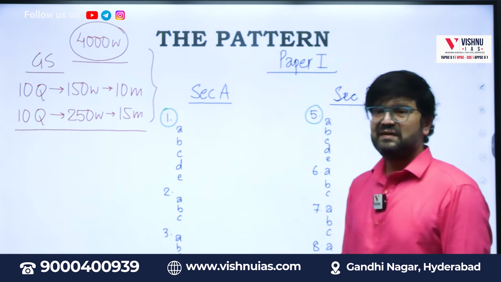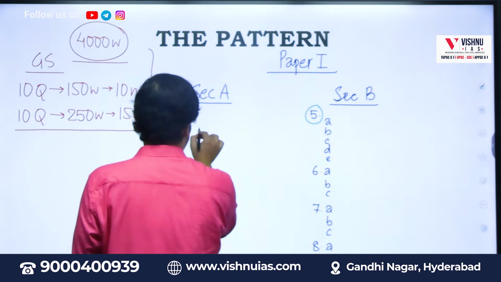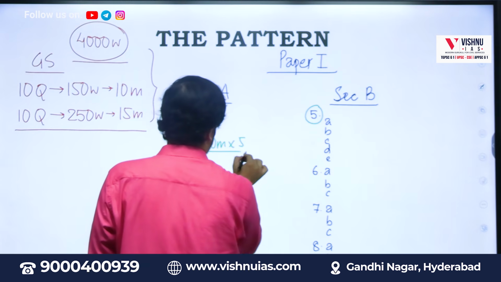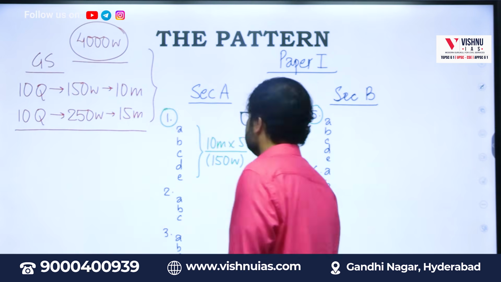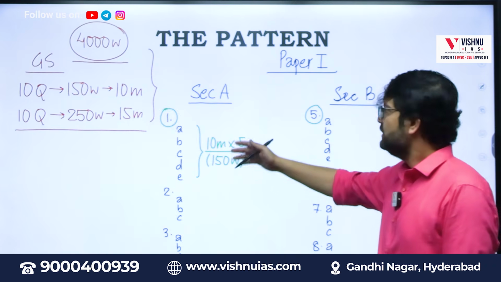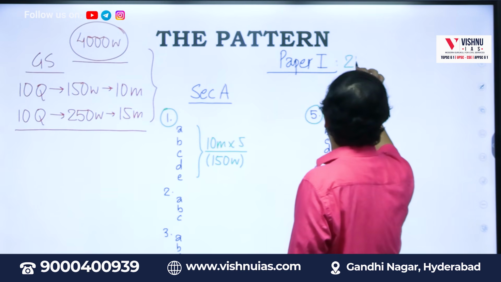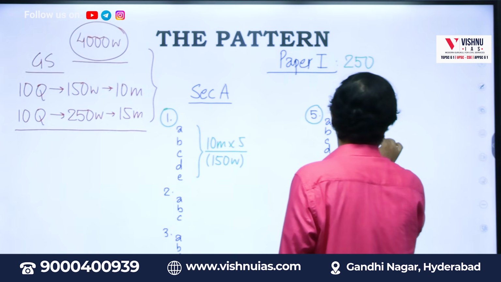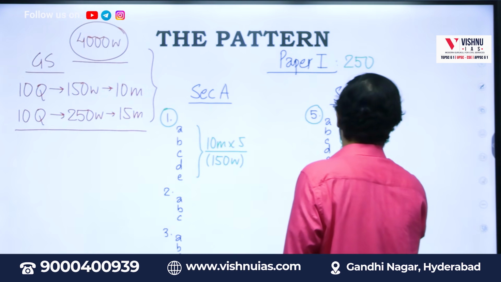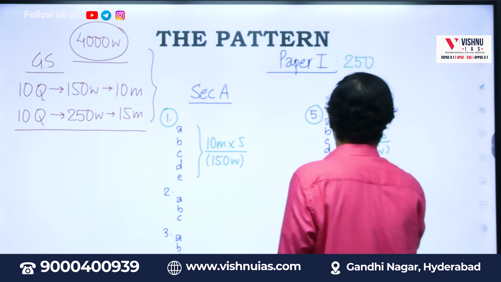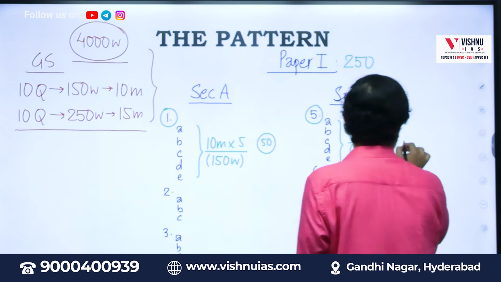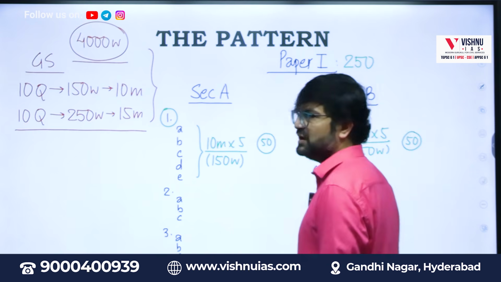These questions are worth 10 marks each, so 10 marks into 5, and each has to be in 150 words. So we have 50 marks here. Total paper is of how many marks? Paper 1 is 250 marks. Same here: all these 5 questions, 10 marks each, 150 words each. So you have your 50 marks here, which is mandatory to attend, and 50 marks here, which is mandatory to attend. 100 marks done.